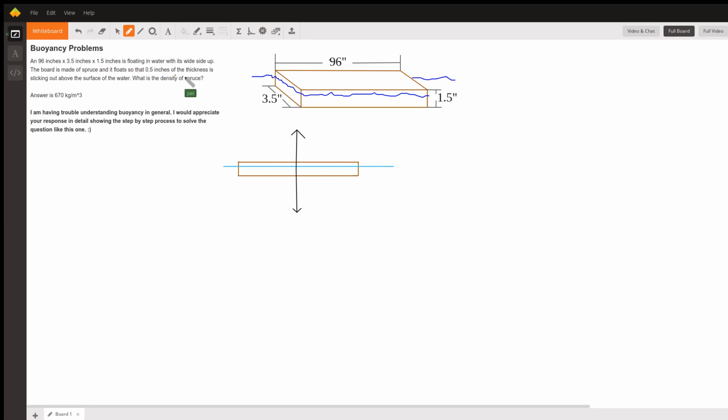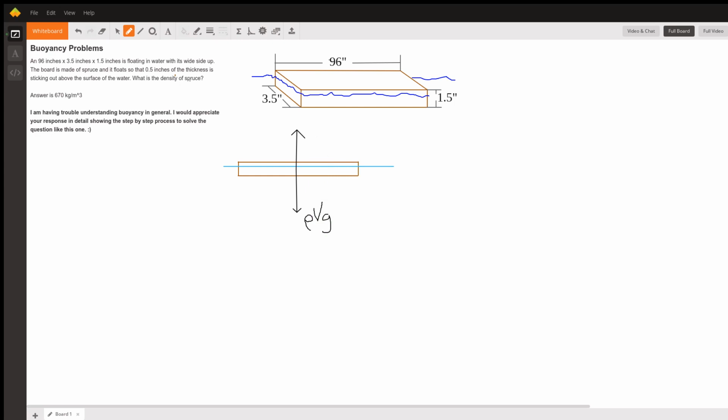These two forces are given by, let's see, this would be the force of gravity. And instead of writing mass times the acceleration due to gravity, for these buoyancy problems you usually want to write it in terms of the density of the board, the density of the object that's being weighed down by gravity, its volume, and then the acceleration due to gravity. So that's this downward force.